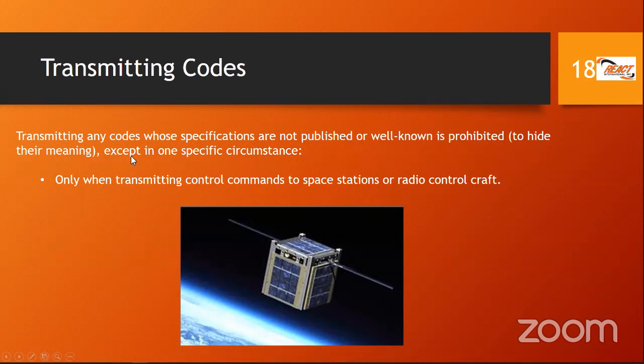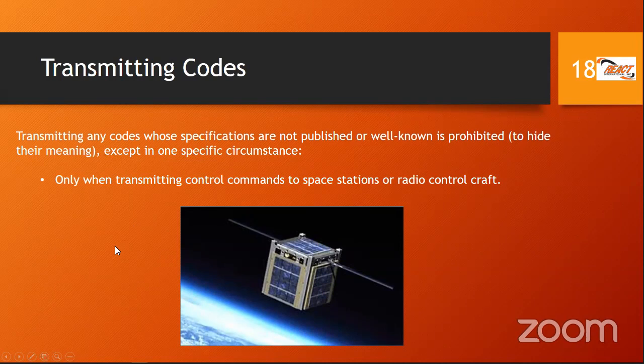But there's one exception. Imagine an amateur radio club or society has launched a spacecraft, for instance, or a radio control craft, for example a CubeSat. That is the only exception.